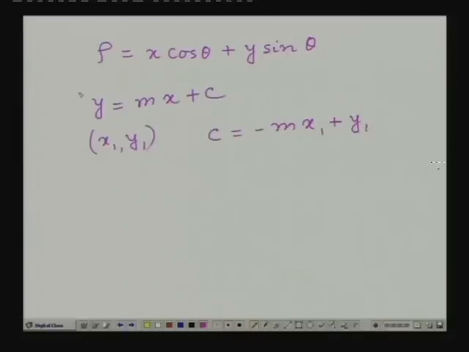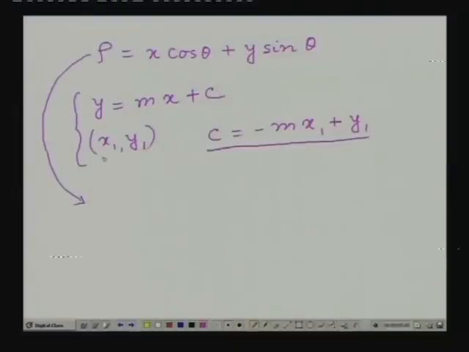So, when we consider the parameter space to be MC space, or we represent a straight line in the slope intercept form, a point is mapped to a straight line in the parameter space.